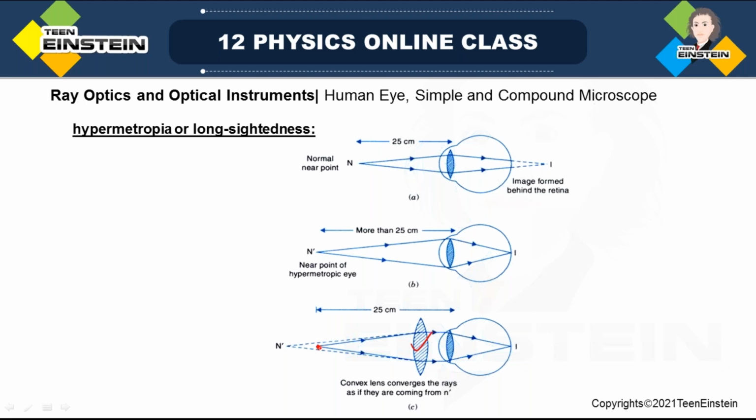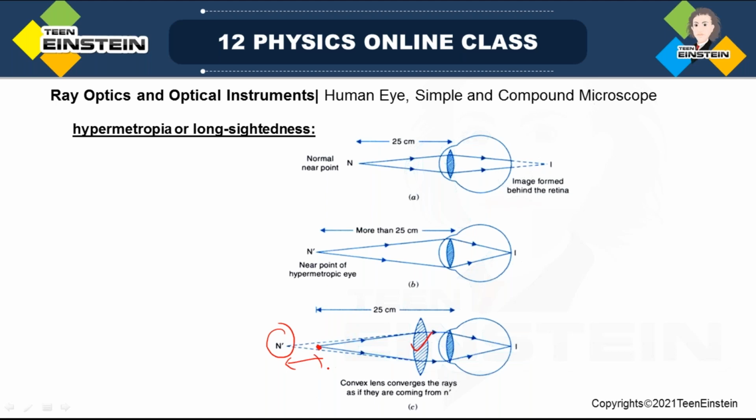After refraction, this correcting lens will again create a virtual image at the point where it can see from.